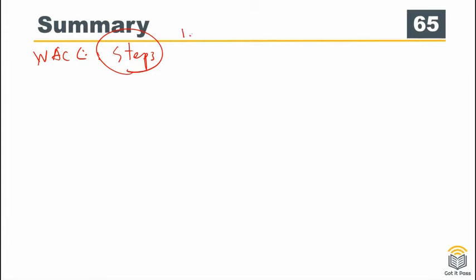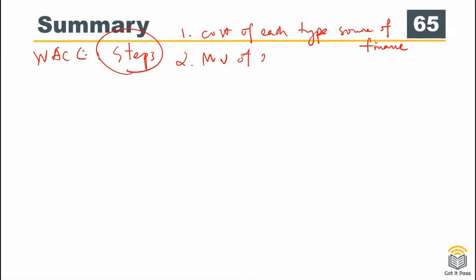First step, cost of each type of source of finance. Maybe equity, maybe the debt, maybe the preference share or the bank loan. The second step, the market value of each type of source of finance. The third step is the WACC, weighted average cost of capital calculation.